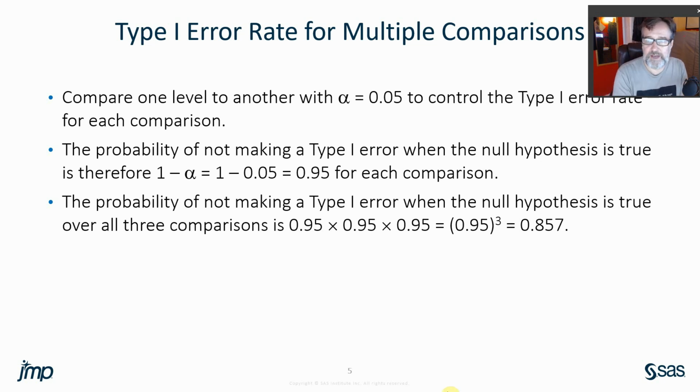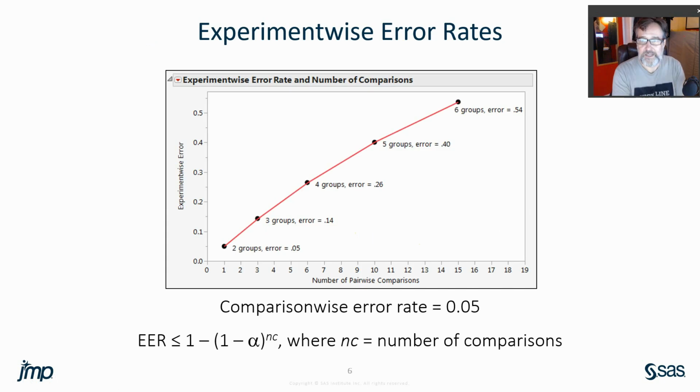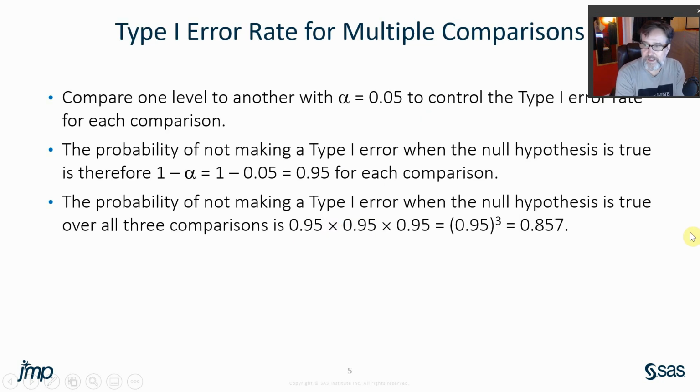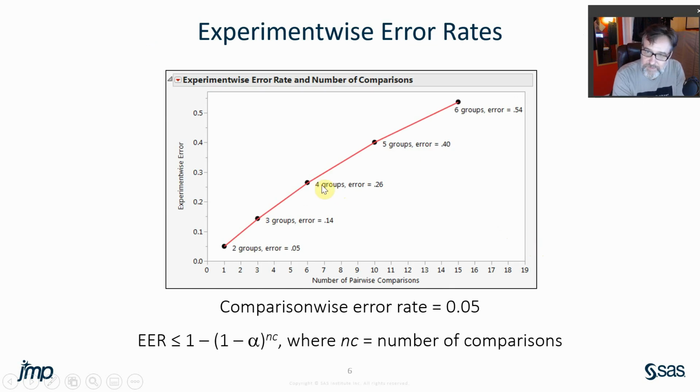But when you're comparing a number of groups, this error rate, as you can see, compounds. So 0.95 times 0.95 times 0.95 equals 0.857. So that means the error rate goes up from 0.05 to 0.14. See? So 1 minus that is 0.14, and it goes up the more groups we have.